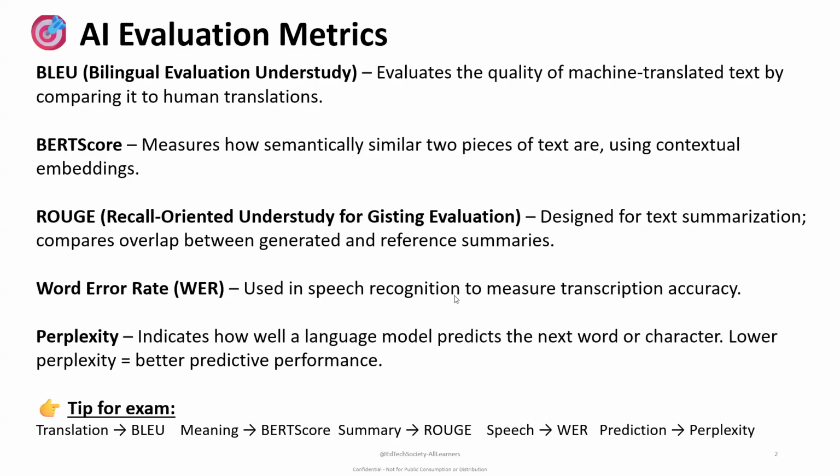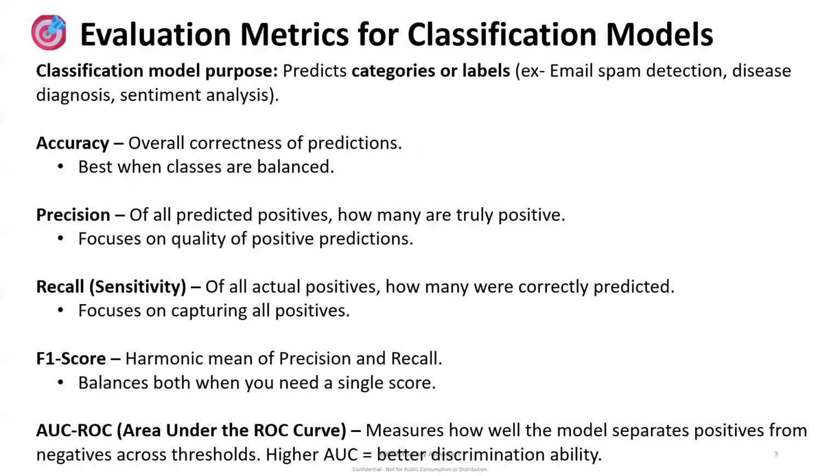Now, before going to evaluation metrics for classification models, in case you don't know what a classification model is, it predicts the category or labels. In simple words, which bucket does it belong to.